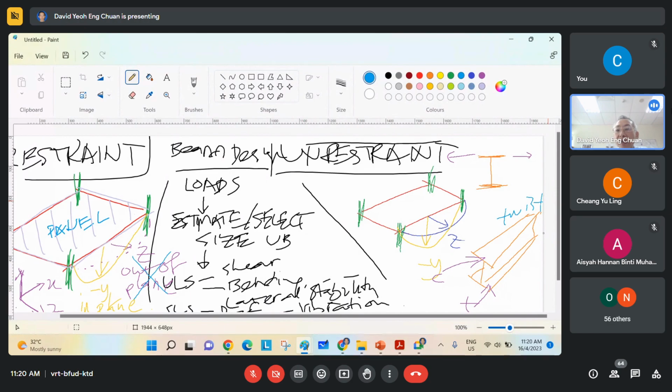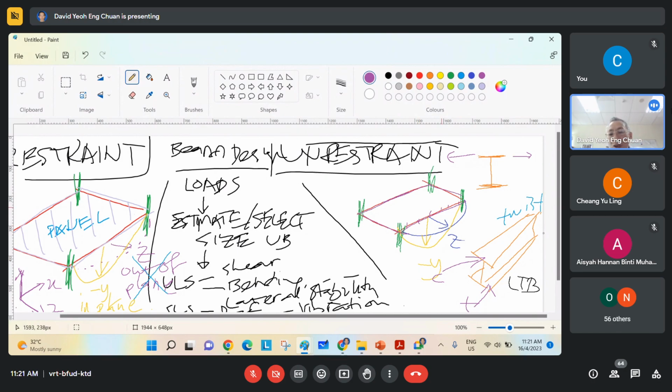This movement is called LTB, lateral torsional buckling. So in this case, we need to check the lateral torsional buckling capacity or resistance that is inherent in the beam. Now, there is also another possibility, where this would happen if there is a slab but it is not fully locked into the beam.